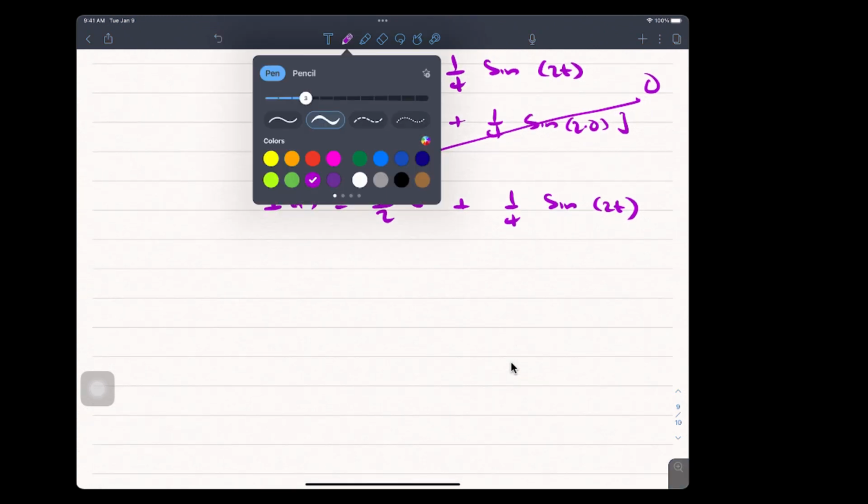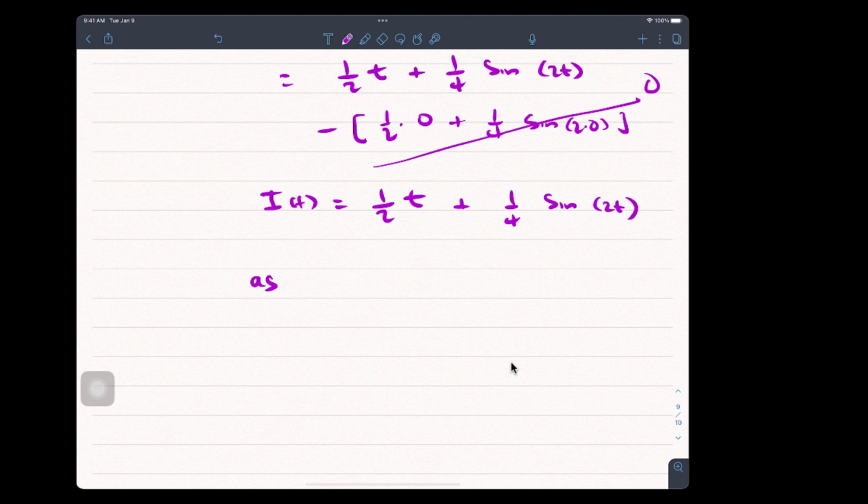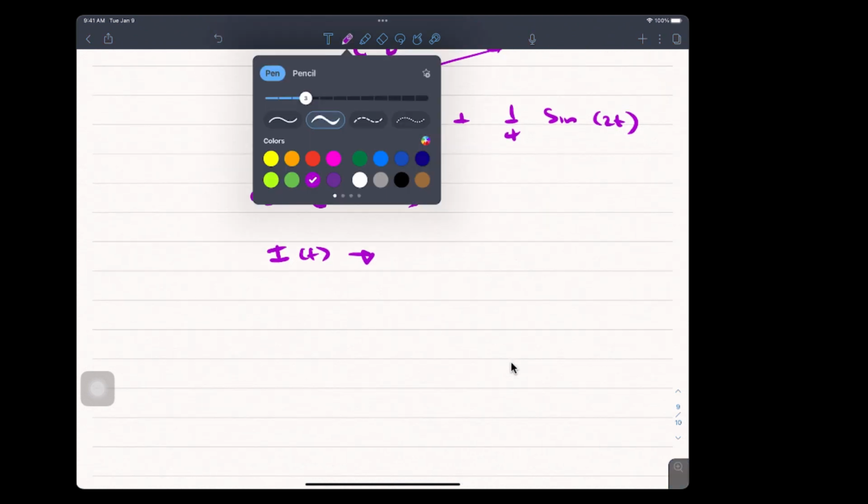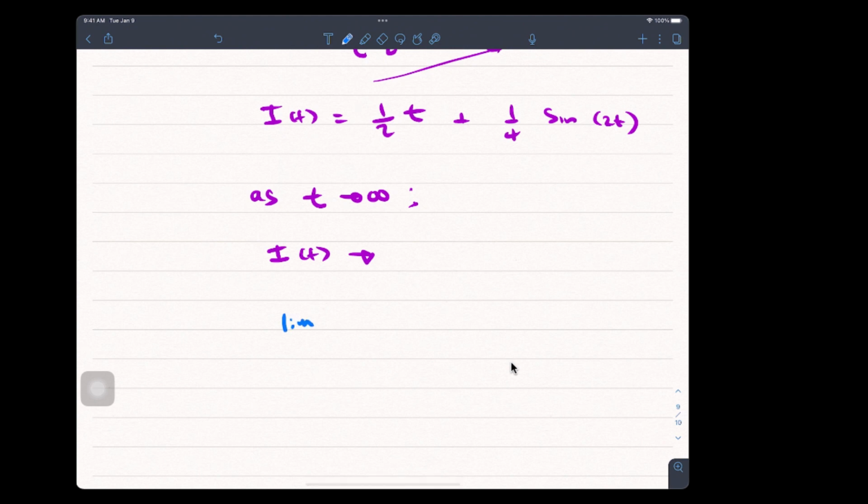So what happens now as t goes to infinity? Where does I of t go to? In other words, aren't you taking now that limit here as t goes to infinity?